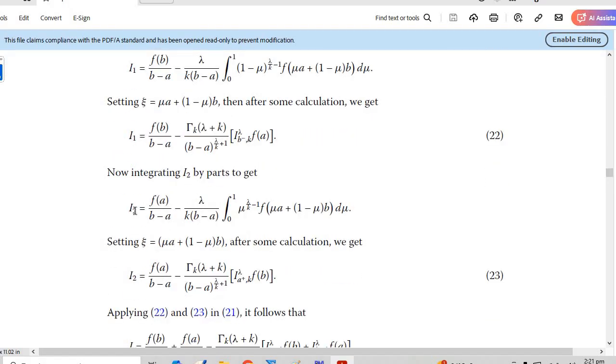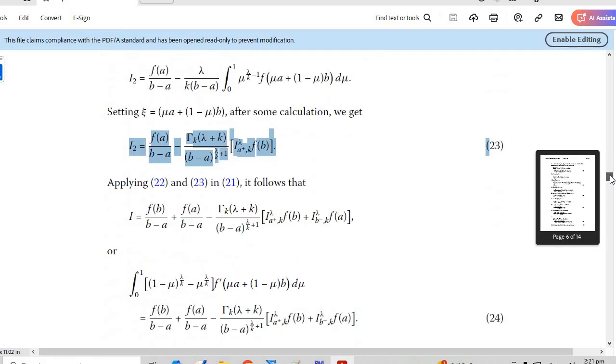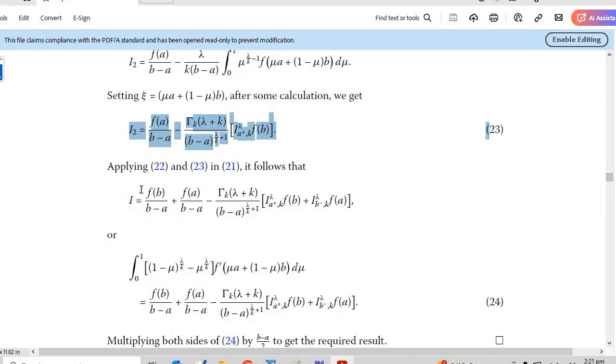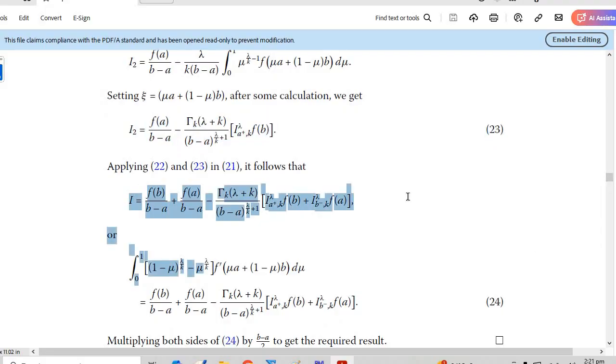Make a substitution, this one as zeta, and I2 becomes this. Add 22 and 23, and you get exactly this. It follows that on the left side we have I, and on the right side this.